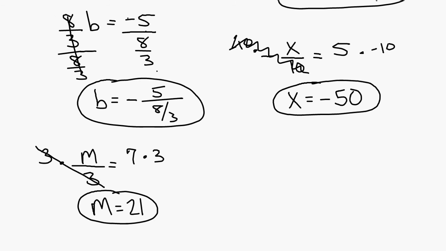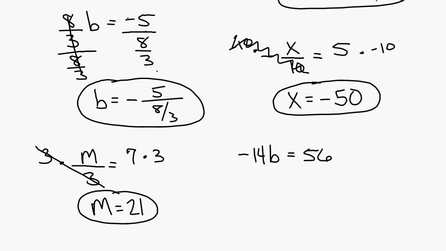And the last type of problem you'll see on your assignment today is if, let's say you got negative 14 b is equal to 56. The variable is being multiplied by negative 14, so what's the inverse of that?